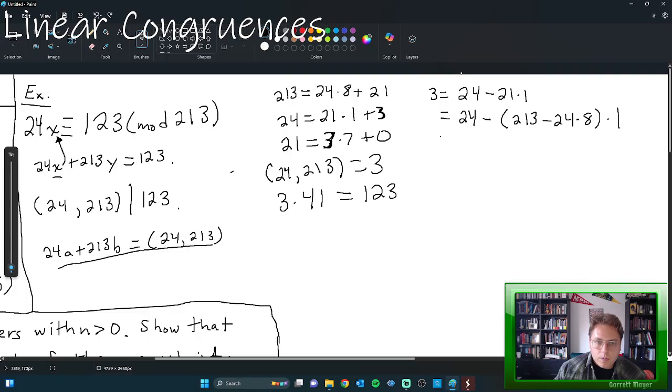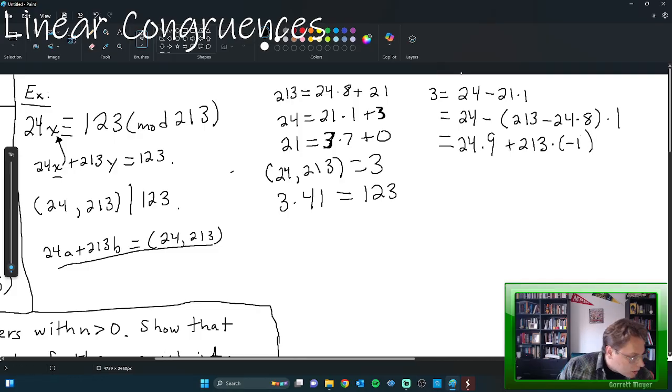If we factor all this out, we're left with 24 times 9 plus 213 times negative 1. I believe that's right. Yes. Okay, and you can check this on your own. I checked this earlier, and this ends up being correct.